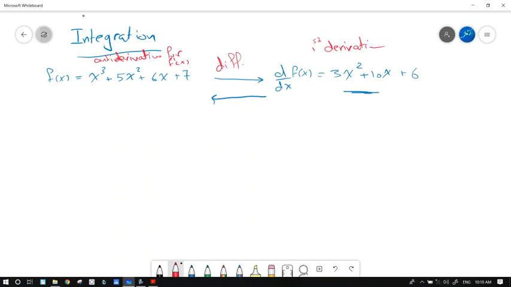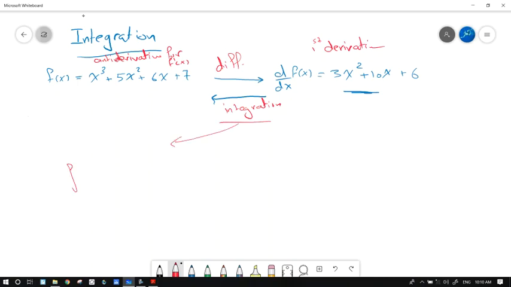So this is the meaning of integration. If you have a function and you find the first derivative, you make a differentiation. And if you have the first derivative and you need to find the antiderivative of this expression, you have to make an integration.